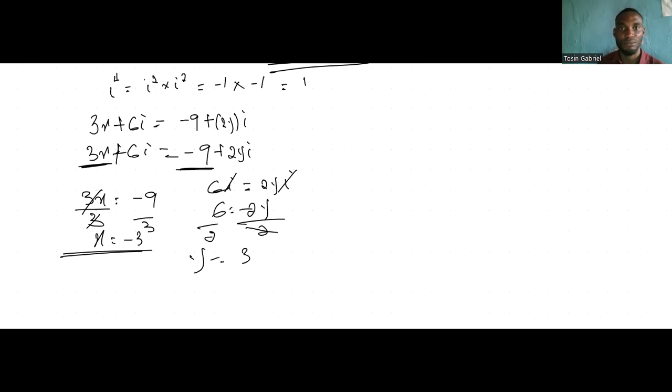So pretty simple. Okay, let's take another one. Let's say that we have 9 minus 2yi, which is equal to 6x plus 8i. Very easy.